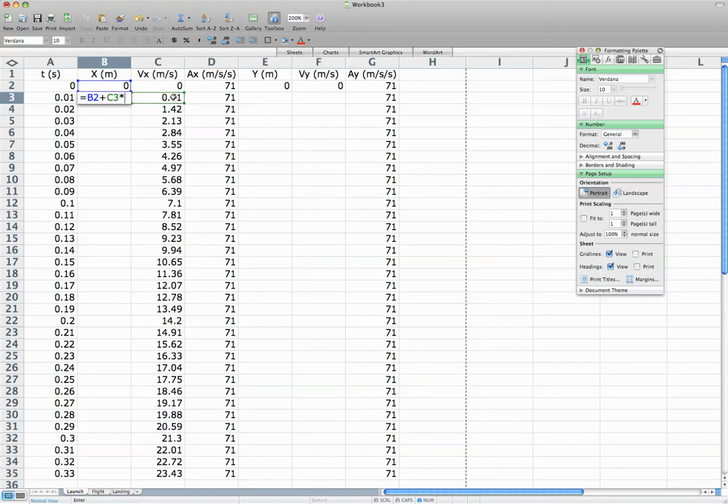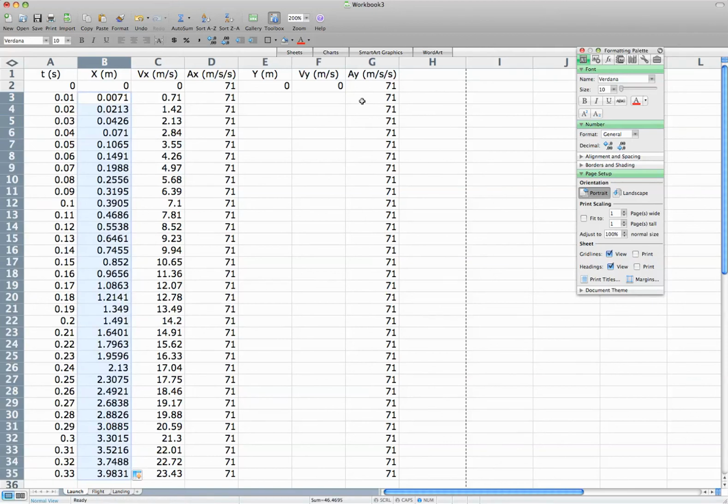Again, not the time cell over here, but the time interval. And then I will go ahead and copy that down. And then I'll quickly do the same sort of thing for velocity and position for the y. And so when you come back to the next installment of this, you will see all of the numbers populated.